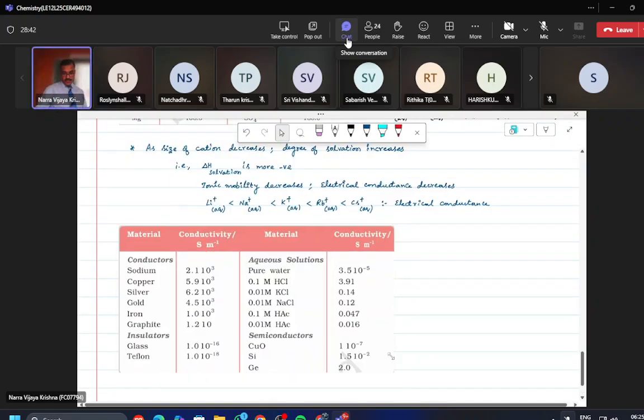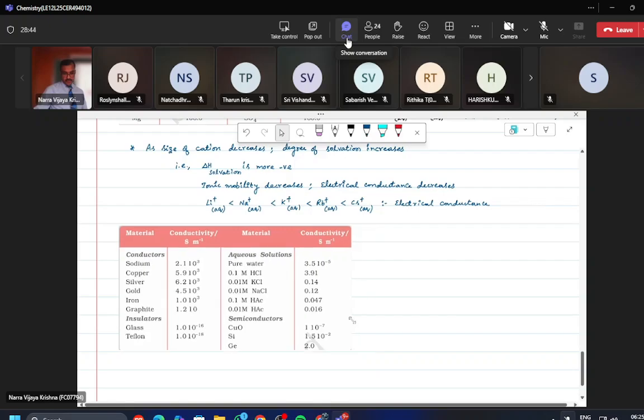Observe this carefully. Another table, table number 3. We discussed metallic conductors and electrolytic conductors, correct? On increasing temperature, what happens to the conductance of metallic conductors? It decreases due to metal kernel vibrations, right?